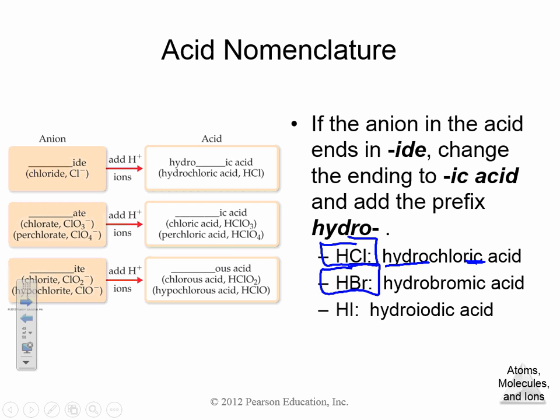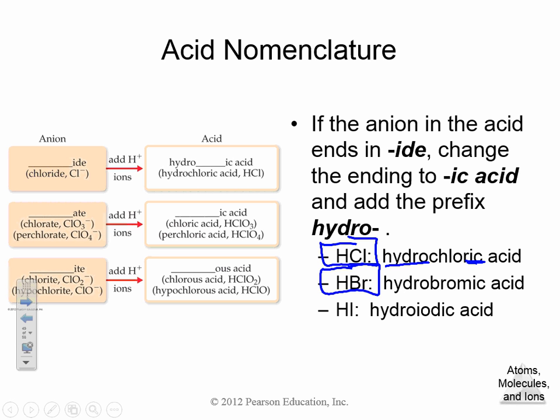So in the first example, we have HCl. H changes to hydro. Cl is chlorine. We drop the ine, we add an ic, we get hydrochloric. HBr, again, we name the hydrogen hydro. Bromine, we drop the ine again, bromine becomes bromic, and our acid is hydrobromic.